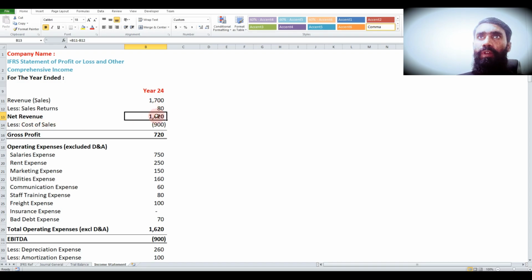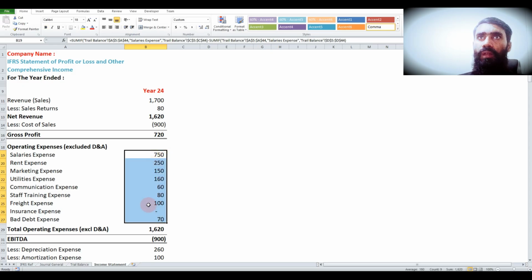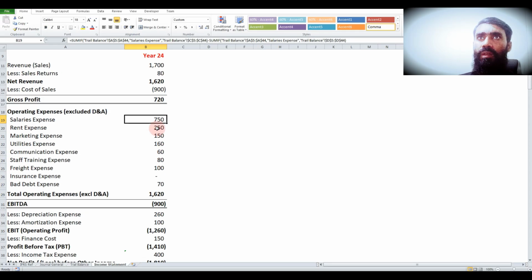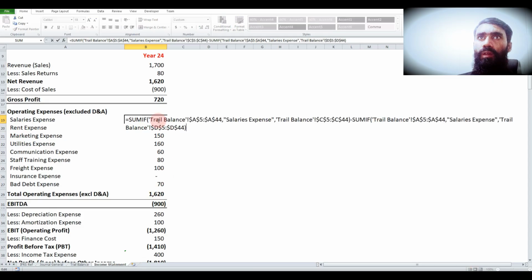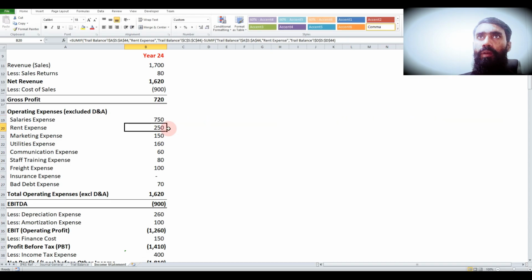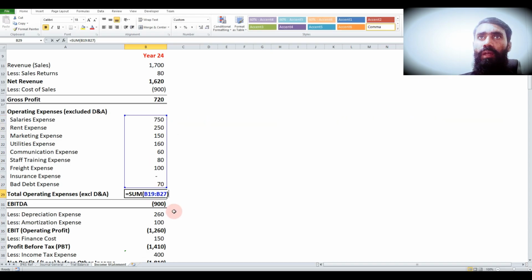Now the net revenue, sales minus sales return, less cost of goods sold, gross profit. These are the operating expenses. I have linked with the trial balance. This is the total.